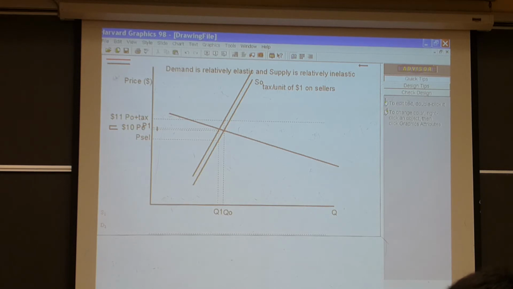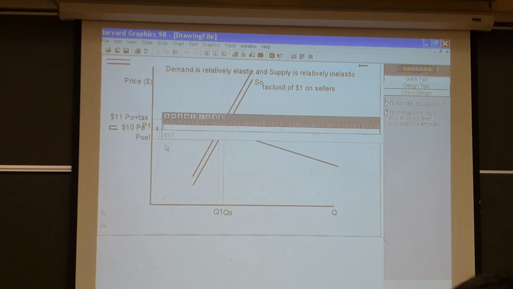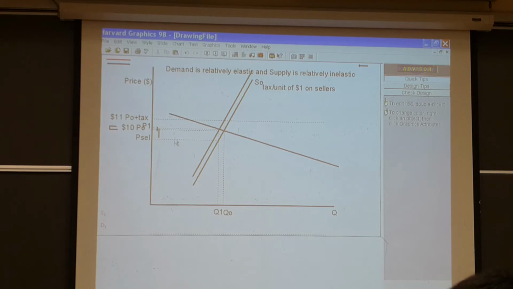So in our case, it turns out to be this vertical distance right here. Which is, say, 80 cents, right? Buyer share is 20 cents, the seller share is 80 cents in this case.